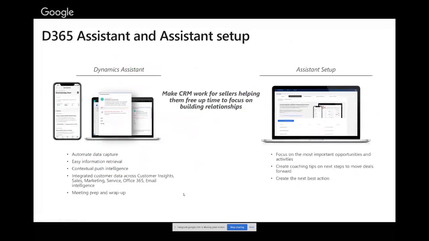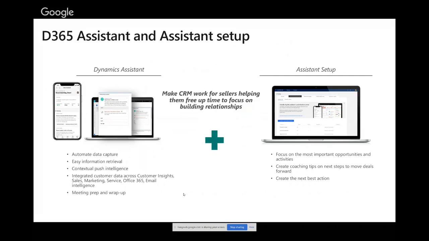Going forward, I want to start talking about a new domain that is unique to what Dynamics is bringing to the table, with no match to any other player here, and that's a domain we refer to as Sales Assistant and Sales Assistant Setup.